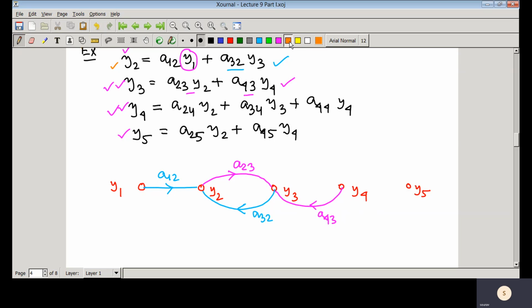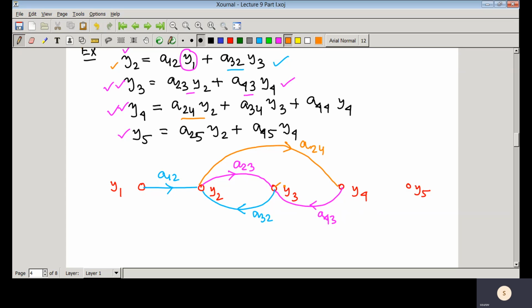So the third one is Y4 equal to A24 into Y2. That means there would be a branch from here, that is A24, into Y4, and so this first term is done. The second term is A34 into Y3.